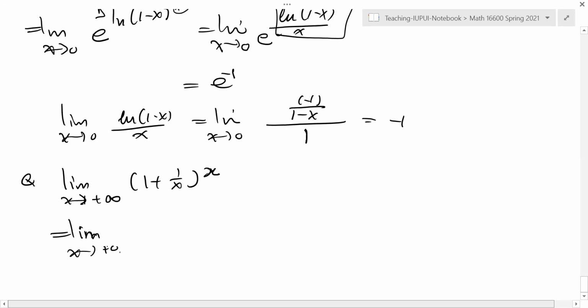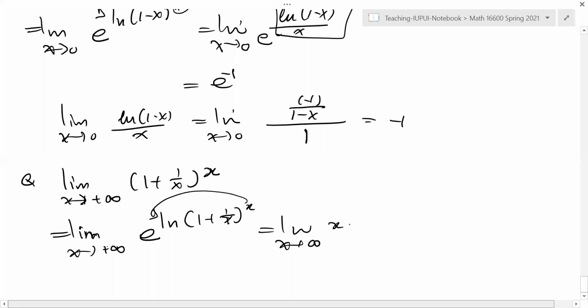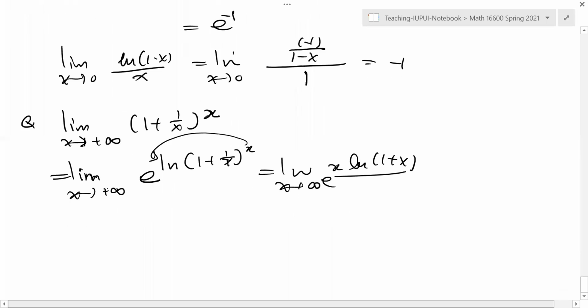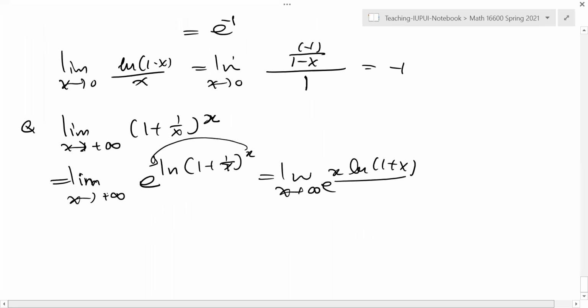So it's e to the natural log of (1 plus 1 over x) to the x, and then you move x to the side, and you get x times the natural log. Then I have to find the limit of this.